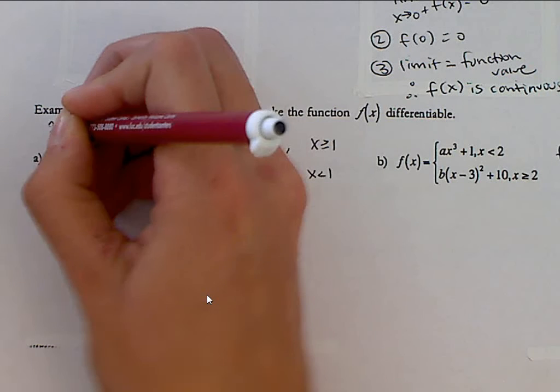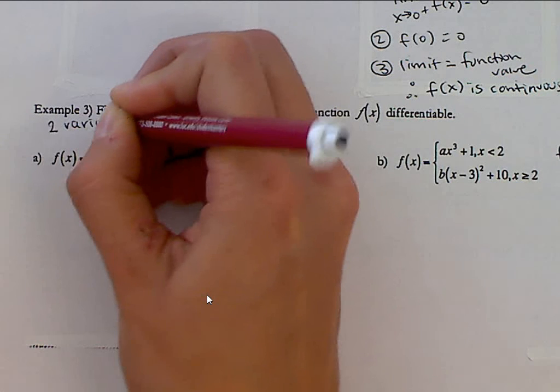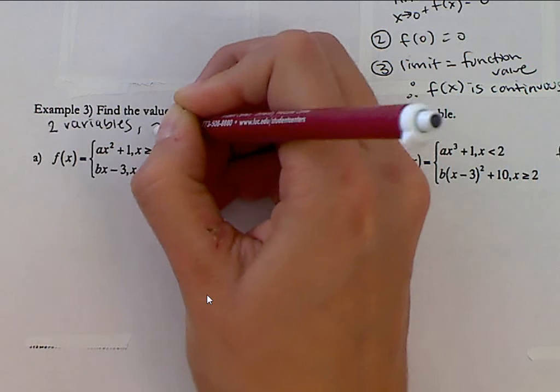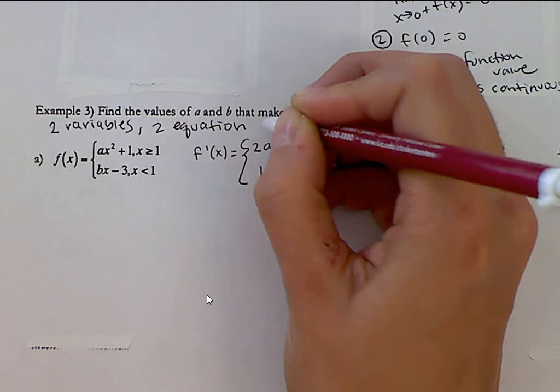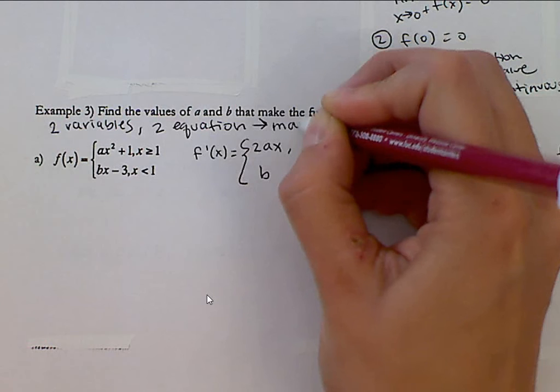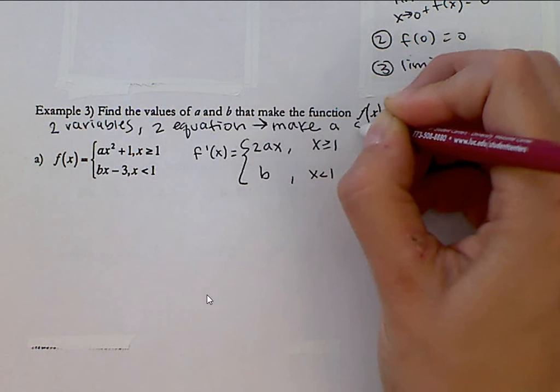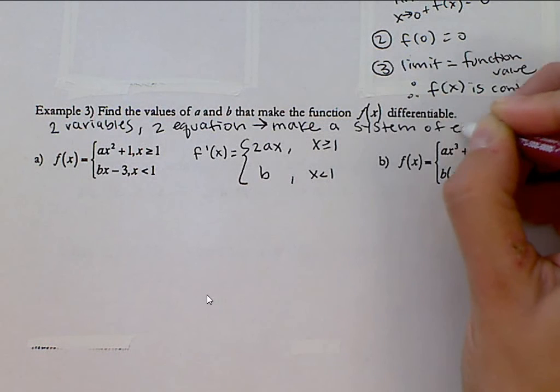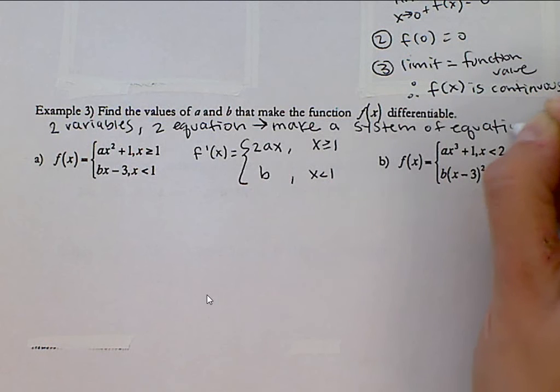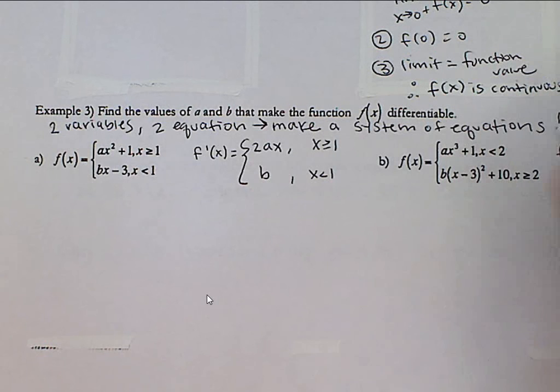So we have two variables and two equations. This should sound a little familiar. We're essentially going to make a system of equations.